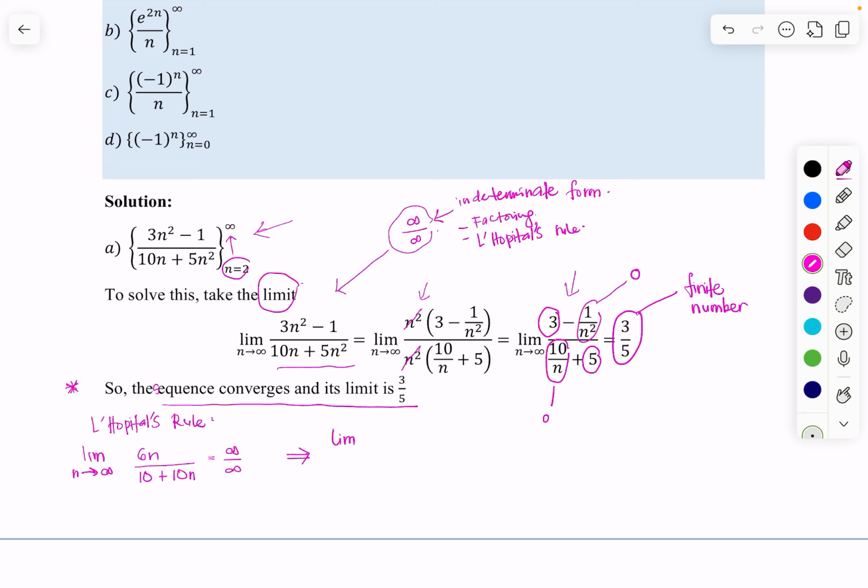Differentiate 6n, you get 6, and differentiate 10 plus 10n, you get just 10. So the answer is 6 over 10, which simplifies to 3 over 5. You get the same value for the limit if you apply L'Hopital's rule. So it depends on what kind of form the limit has.